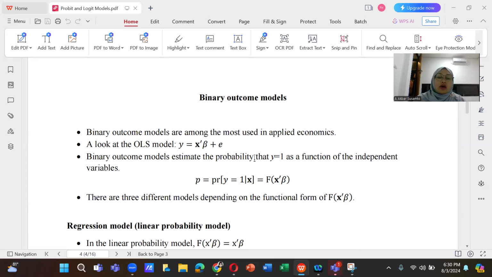Look at the OLS model here: y equals x prime beta plus e. The binary outcome model estimates the probability that y equals 1 as a function of the independent variables. There are three different models depending on the functional form of F(x, beta).